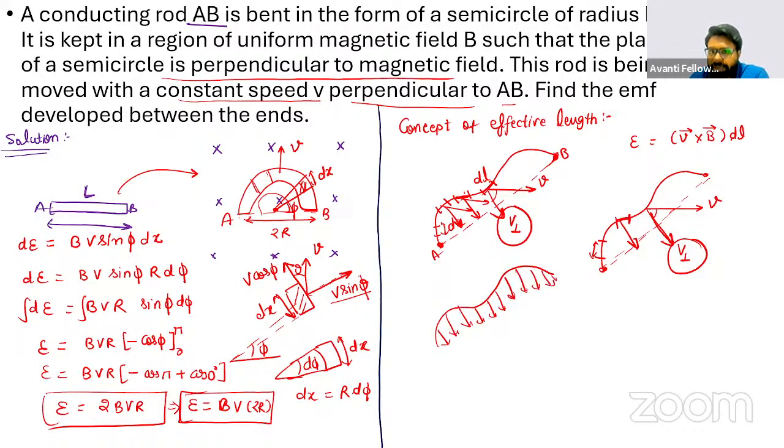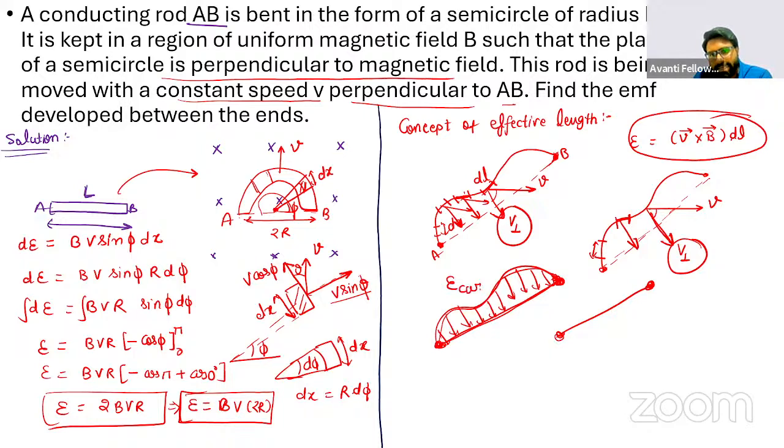ठीक है. So what I will do, I will just connect these two points. ठीक है. So this particular EMF about this curved conductor is same as if I just connect it with an imaginary conductor of straight line like this. So whatever the EMF of this E curved we are having, it is same as E effective.